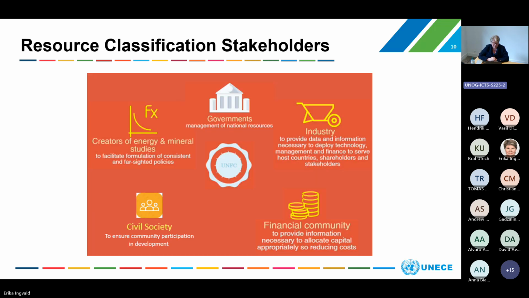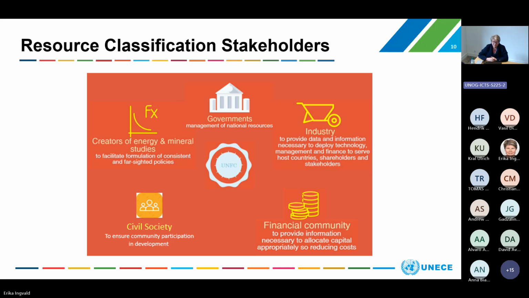So it's easier to align these kinds of activities if all stakeholders have the same information organized in the same kind of way. And of course, governments are very interested in having this kind of information to be able to manage their national resources.